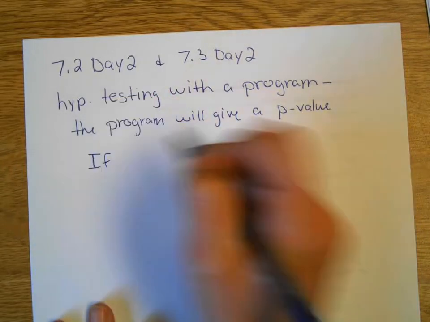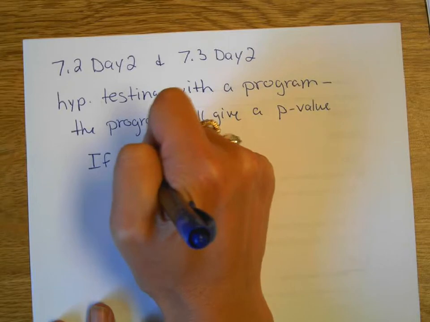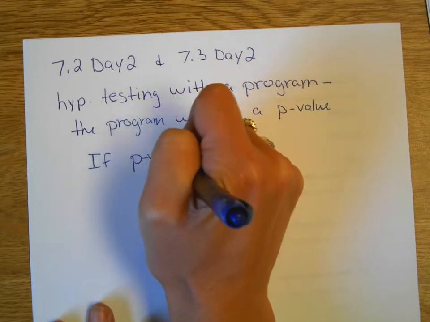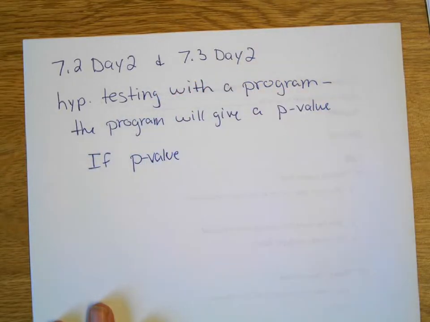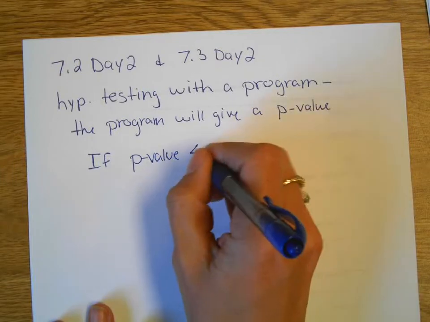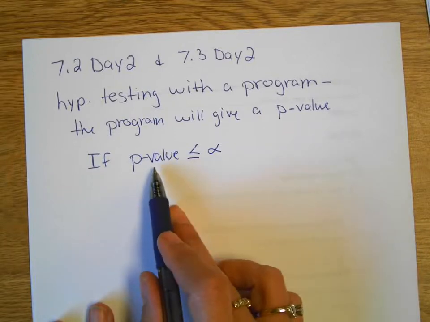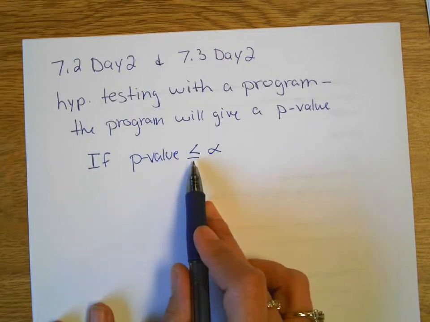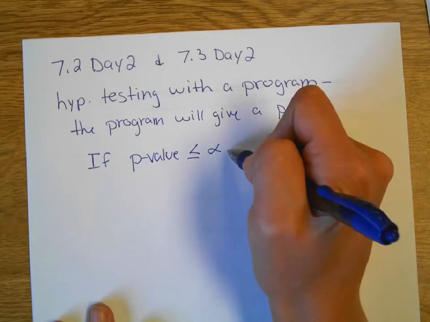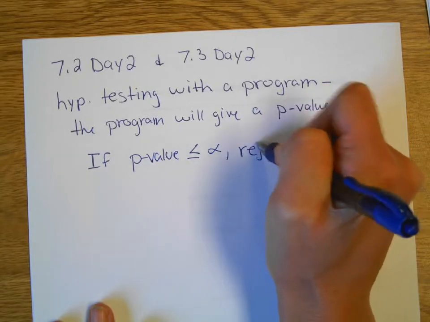If the p-value is less than or equal to alpha. So you're comparing to that alpha. So if the probability of the sample happening is smaller than the alpha, you are going to reject the H0.